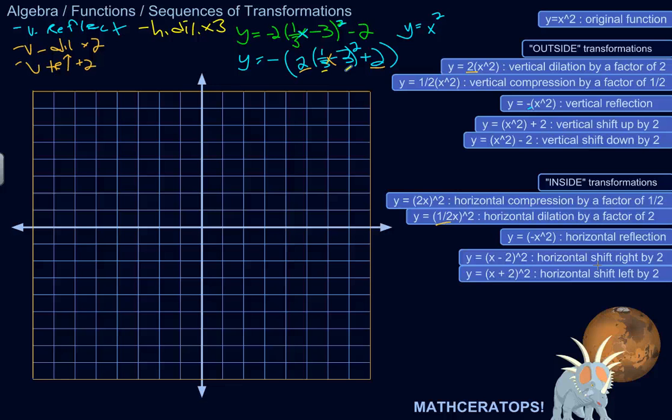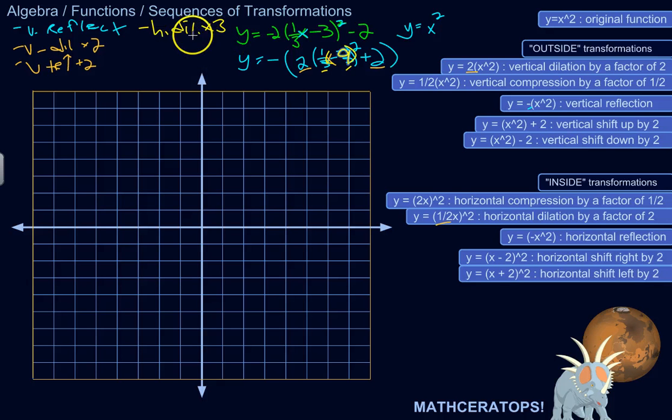And actually, what we probably want to do is clarify this further by putting some parentheses here. So it's 1/3 times x minus 9, because 1/3 of 9 is 3.